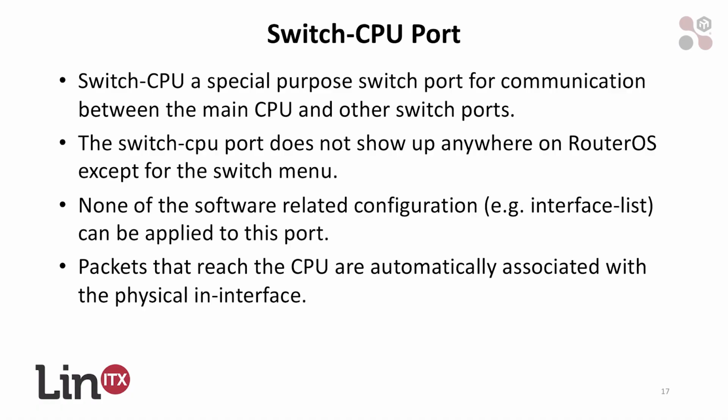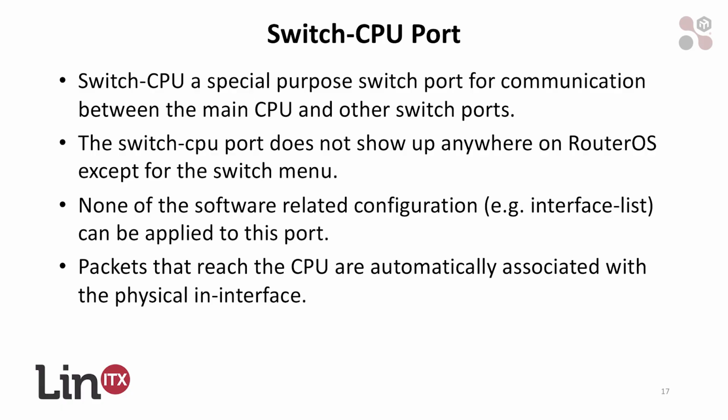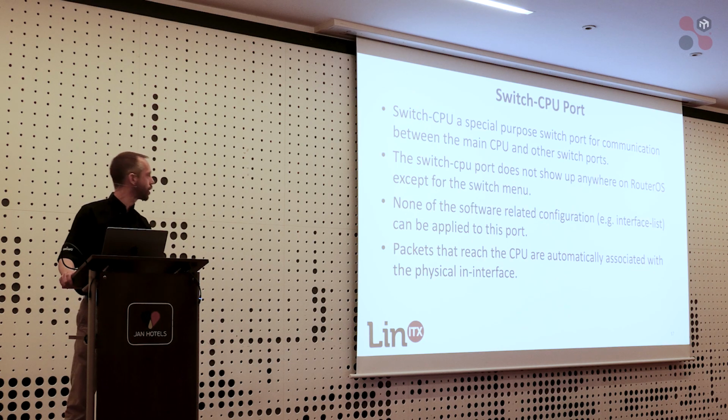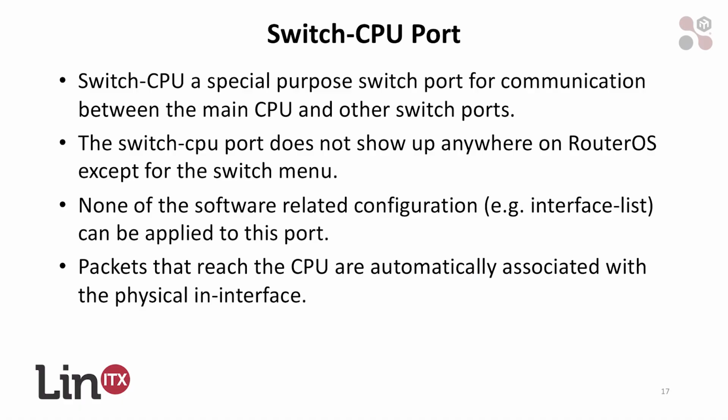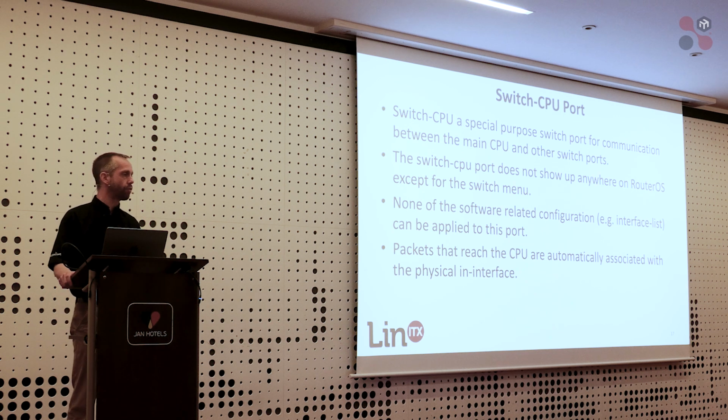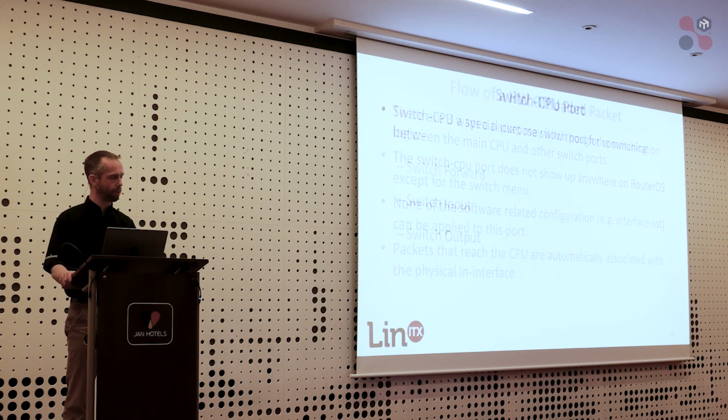You cannot apply any RouterOS configuration to the switch CPU port, but you can use the switch CPU port in functions that are controlled on the switching function, and I will show that right at the end of the presentation. If packets go through the switch CPU port into RouterOS as a bridge port, then the in-interface still carries through, and RouterOS sees it with its in-interface, not the switch CPU port.